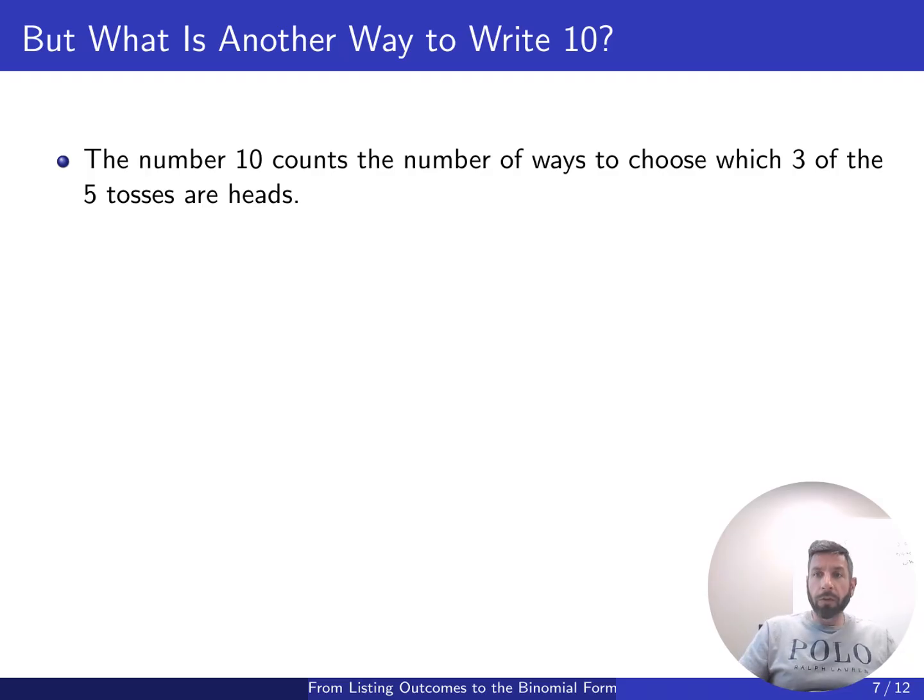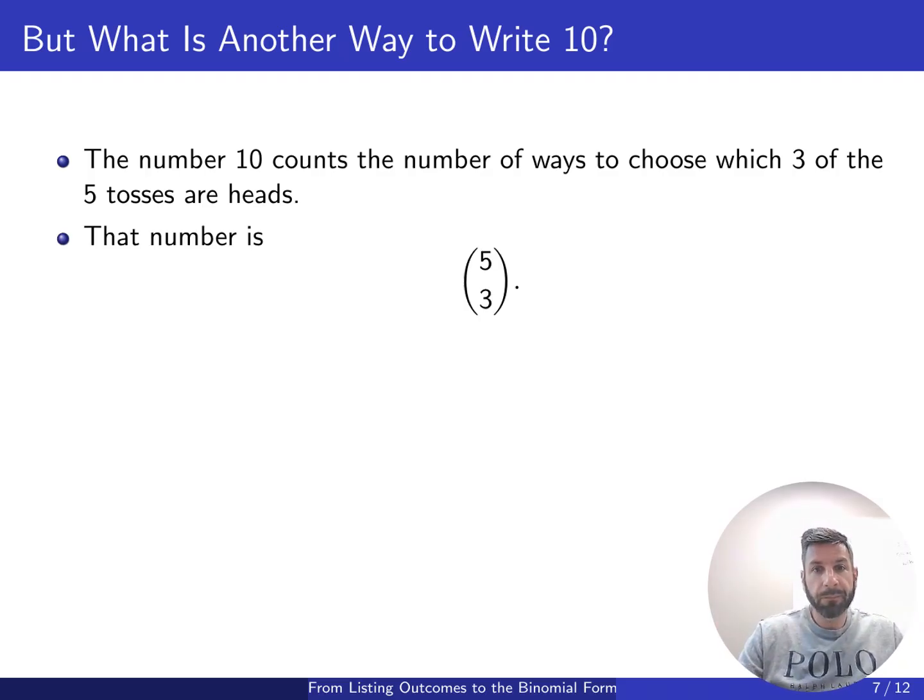as I said earlier, there is a hidden pattern here. And if you stop and think about what this number 10 means, 10 represents how many different ways I can get 3 heads out of 5 tosses. And if you think about these counting techniques that you could read about in Chapter 4, and maybe I'll make a video on them too for those of you who are unfamiliar, there's a very useful notation for counting things.